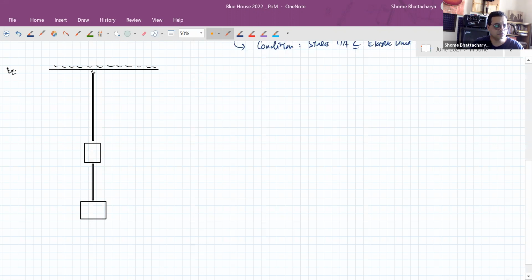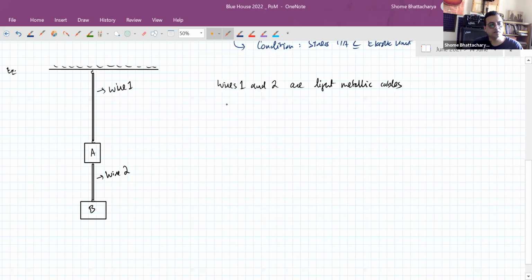So these are metallic wires used to suspend two blocks. So wires 1 and 2 are light metallic cables, and A is a block of mass, say 50 kilograms, and B is a block of mass 25 kilograms.